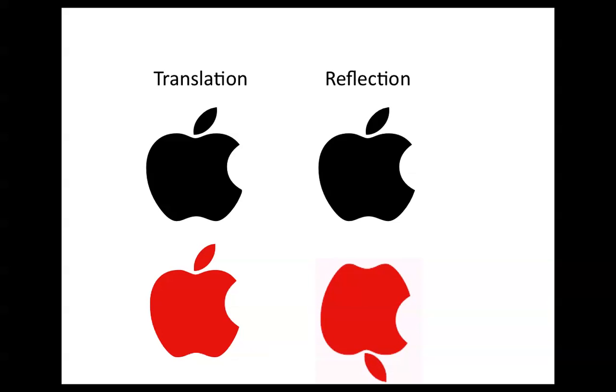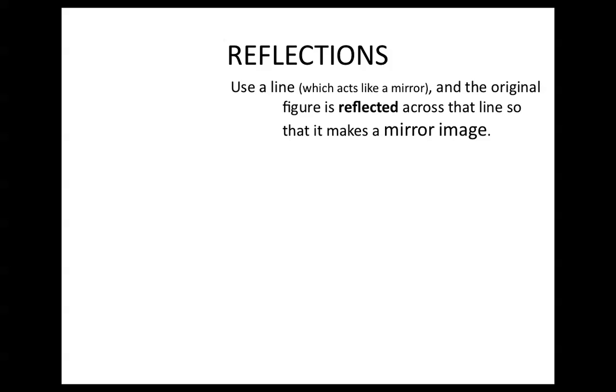And reflections are different than translations because it kind of spins or flips instead of just moving. And you can see that with the way that the image ends up of that apple when you do a reflection like this. So, reflections. Reflections use a line, and the line acts like a mirror.